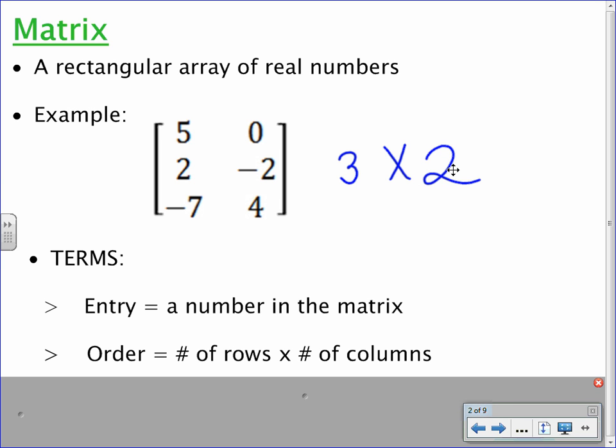One matrix, multiple matrices. Singular is matrix, plural is matrices.